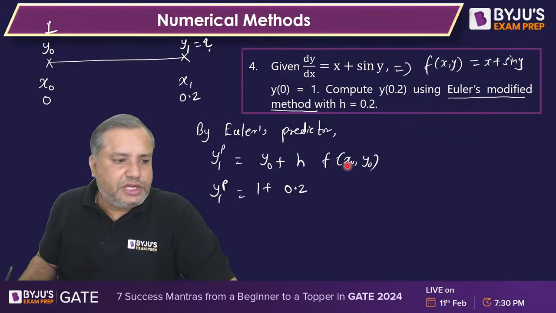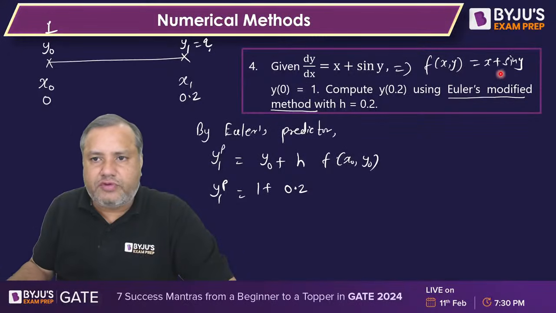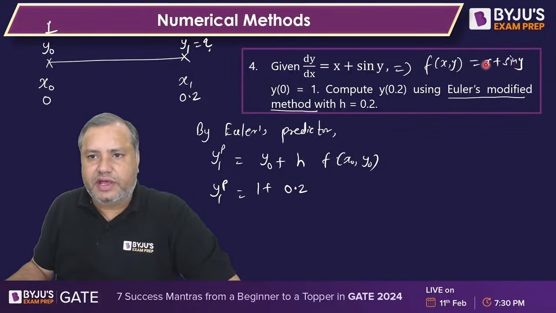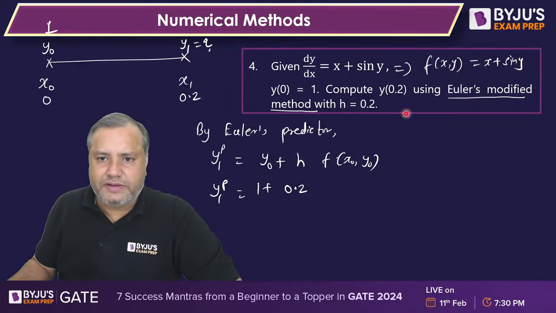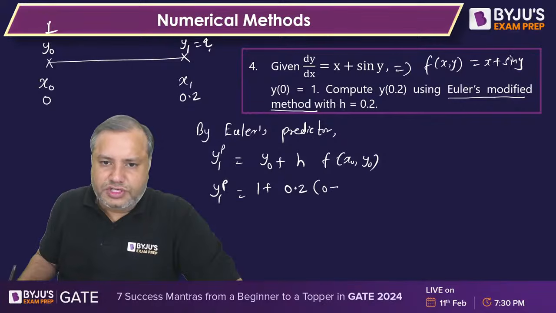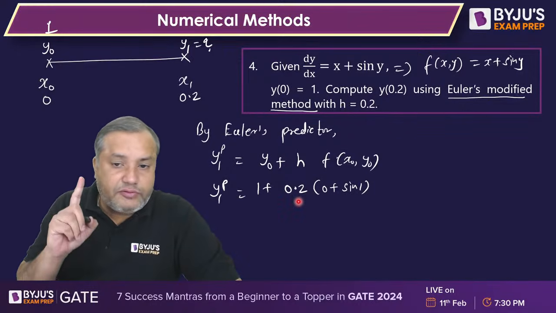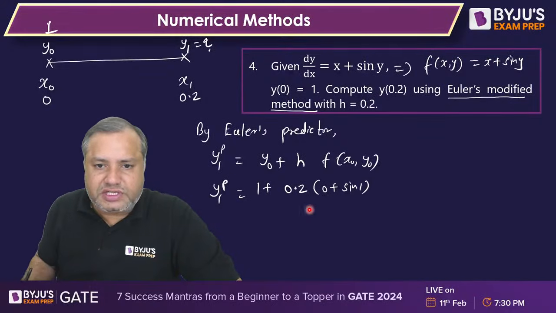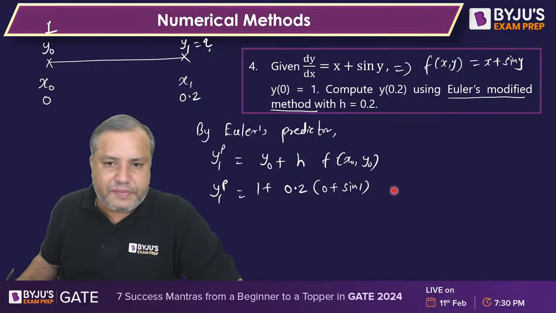In this function, you need to put x naught and y naught, meaning 0 and 1. x is 0, y is 1, so 0 plus sine 1. Friends, be careful that you need to do this calculation in radian mode.